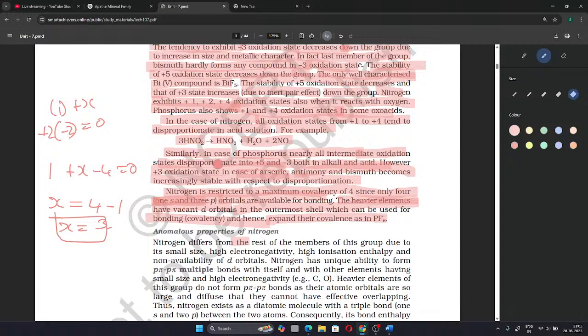Phosphorus, nearly all intermediate oxidation states disproportionate into +5 and -3 in both alkali and acid. However, +3 oxidation state in case of arsenic, antimony and bismuth becomes increasingly stable with respect to disproportionation. I believe it means +3 is very stable.